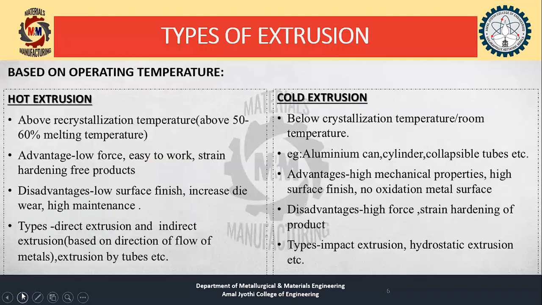There are mainly two types of extrusion based on the operating temperature: hot extrusion and cold extrusion. In hot extrusion, it is mainly done above the recrystallization temperature, that is above 50 to 60 percent of the melting temperature.